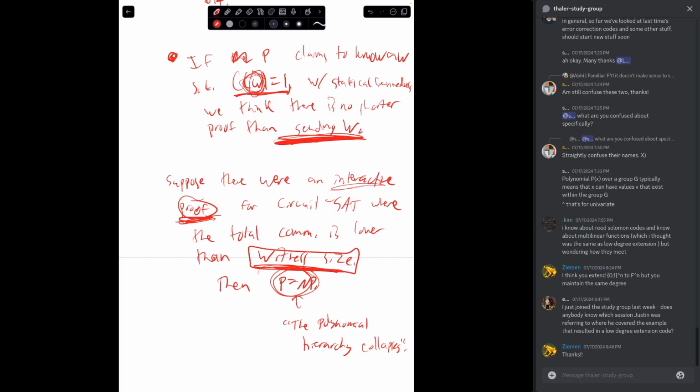Something to point out also is that even if we shockingly live in a world where P equals NP, in some sense there's not much point to having a prover, because the verifier could efficiently compute the claimed witness on its own. If P equals NP, then it's not actually hard to compute this witness. So what's the point of having the prover in the first place?